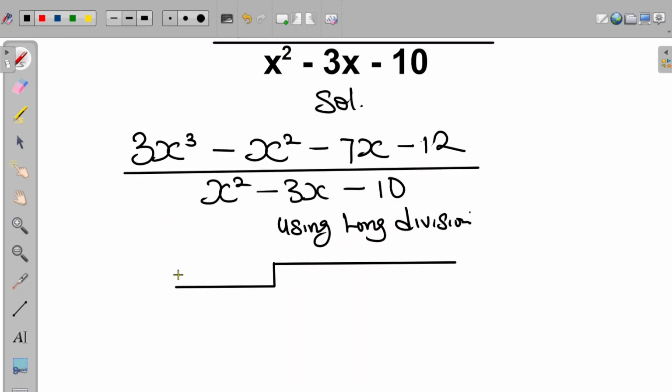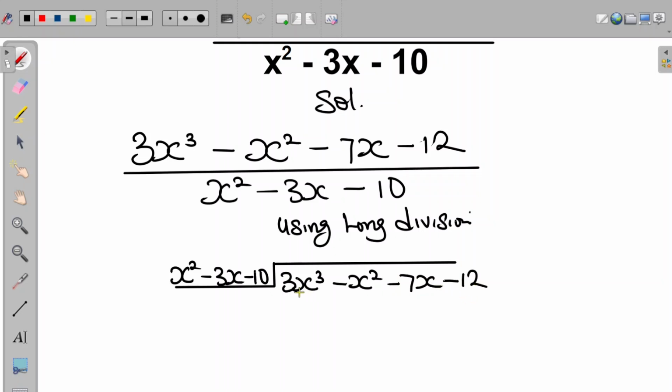By applying long division, we have x^2 - 3x - 10 dividing 3x^3 - x^2 - 7x - 12.